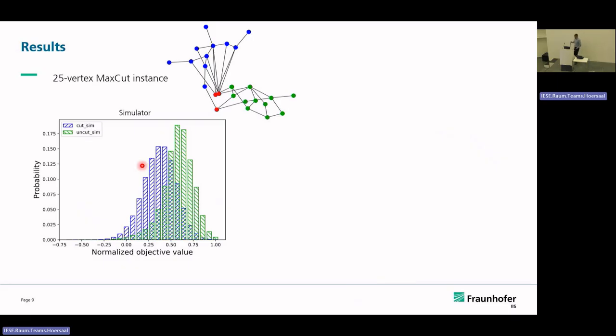That's what I said at the very beginning, that you cannot recover bit stream distributions. What we see here is that the probability distribution of the cut circuit is shifted to worse values, because lower is worse here. And that's actually expected. If you do the math, you see that you cannot guarantee that you recover the original distribution.